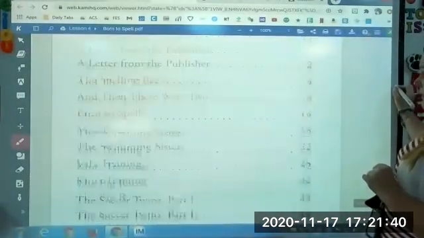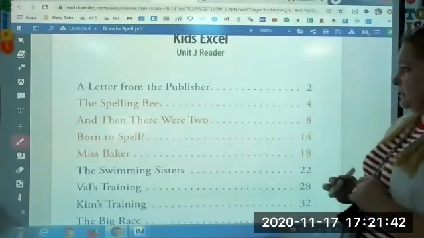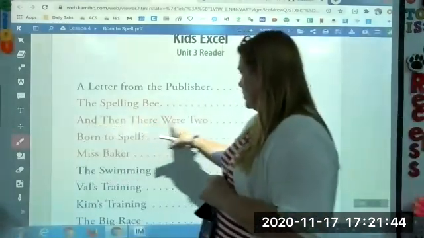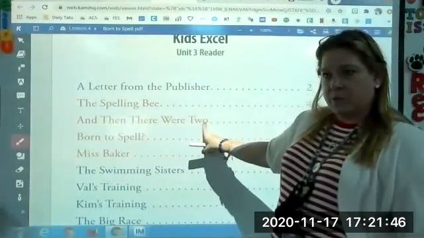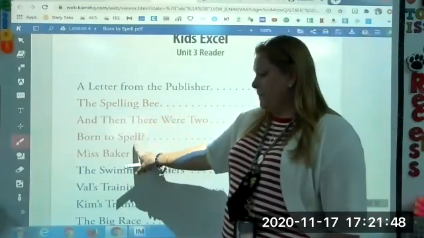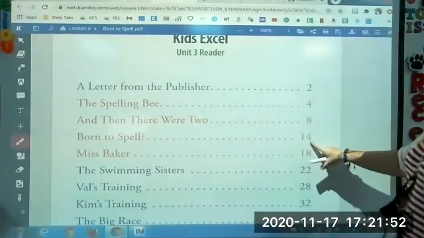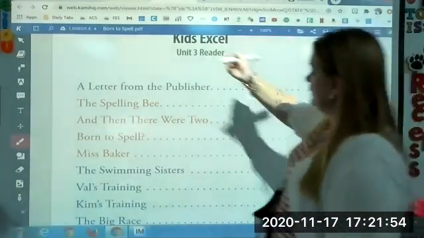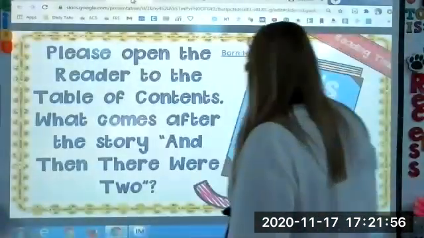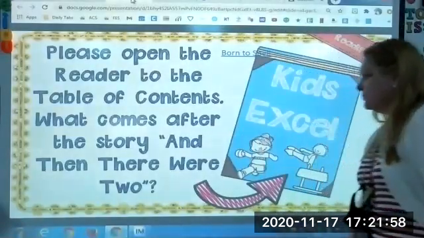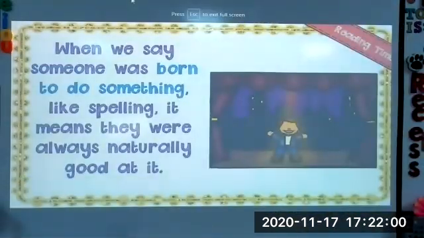And here's our table of contents. And Then There Were 2. What's the next story called? Born to Spell. And it starts on page 14. Good. So when we say that someone was born to do something, like spelling, it means that they were always very naturally good at it.